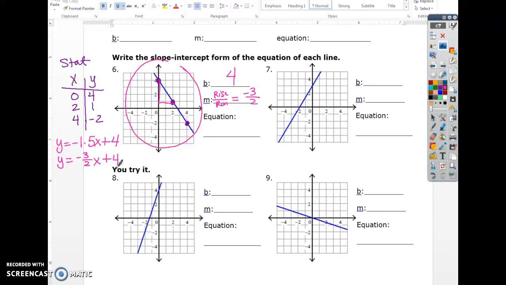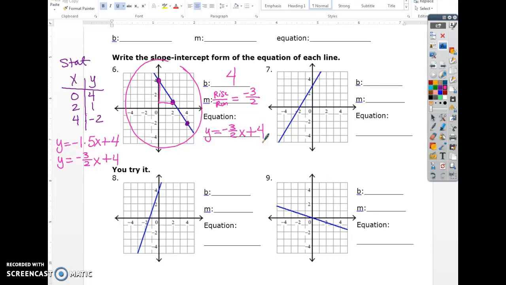So either way, you would have gotten the correct answer. So if you like doing stat to get the equation, then do stat. If you're very good at rise over run, then just write the equation using rise over run.